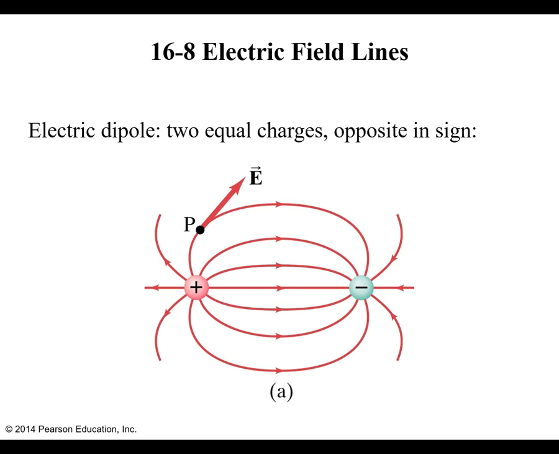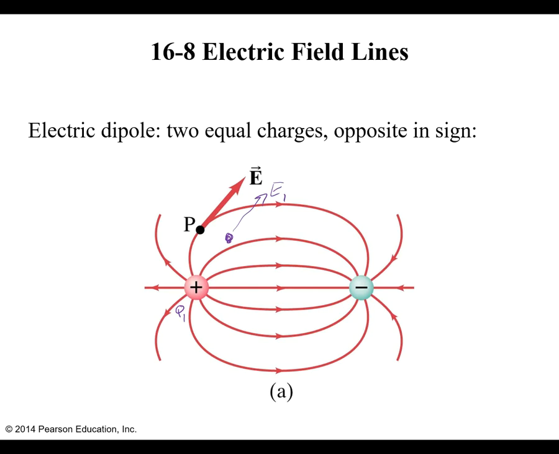So we're going to put our test charge anywhere, say right there. What's going to happen to that test charge due to Q1? Q1 is positively charged, so it's going to repel it, push it away. So I'm going to call that E1.